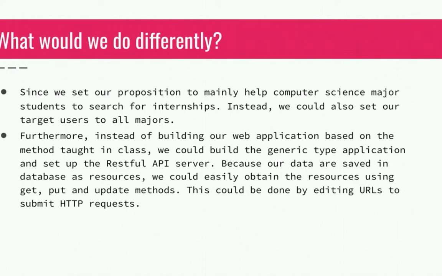Furthermore, instead of building our web application based on the method taught in class, we could also build a generic web application and set up a RESTful API server. Because our data are saved in the database as resources, we could easily obtain the resources using get, put, and update methods. This could be done by editing the URLs to submit HTTP requests.